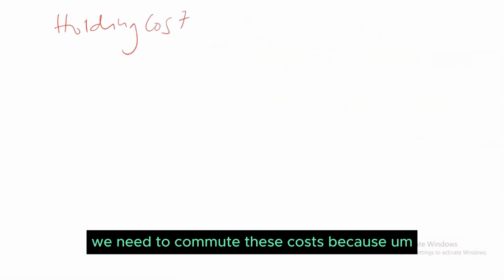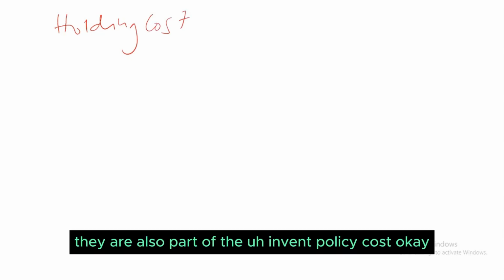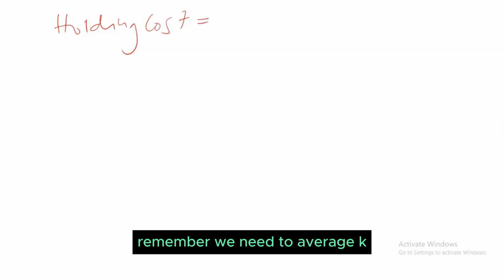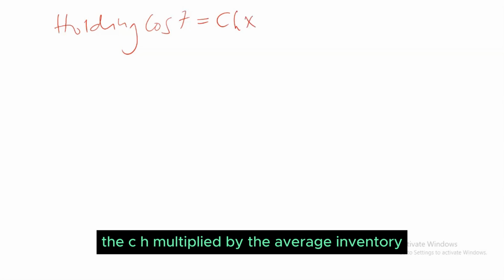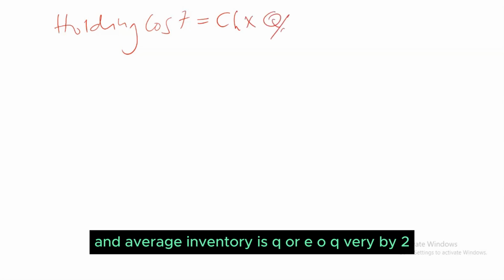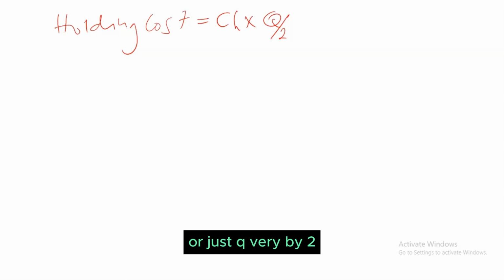Okay, so we then come here and say holding costs. We need to compute these costs because they are also part of the inventory policy cost. Okay, so our holding cost should be given by, remember we need to average, C_H, from our EOQ formula, multiplied by the average inventory, and average inventory is Q or EOQ divided by 2, or just Q divided by 2.